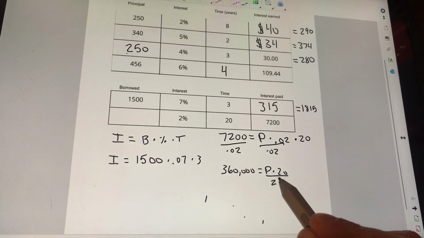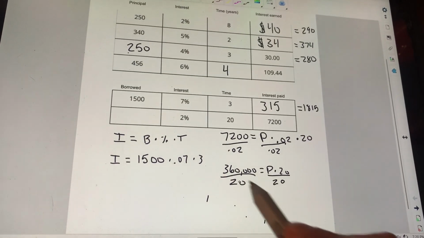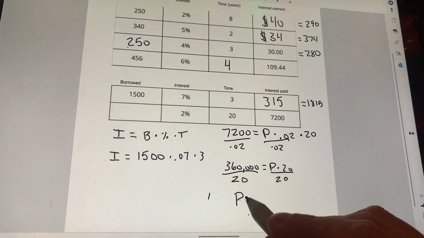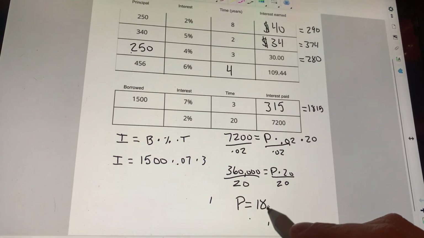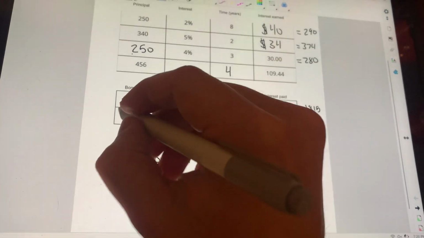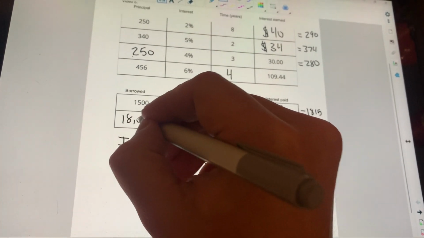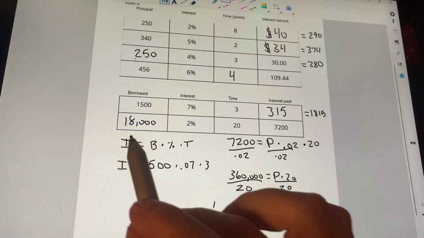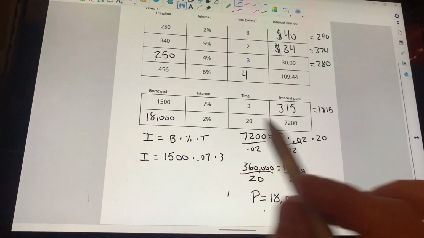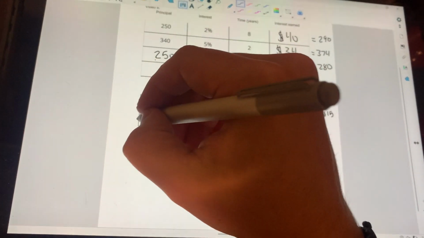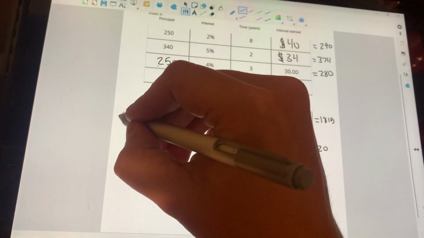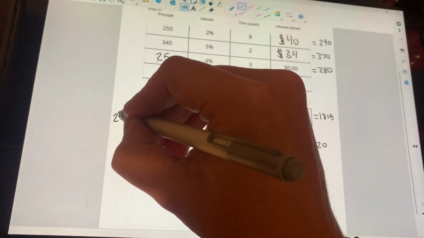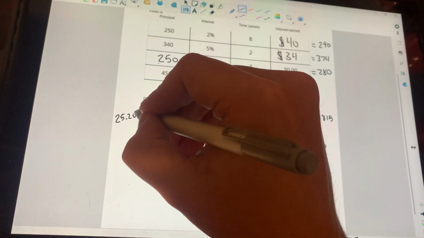Multiplication. So that means I need to divide by 20 on both sides. P equals 18,000. So that means I borrowed 18,000. But that means in total, I need to pay back 18,000 plus 7,200, which comes to $25,200.